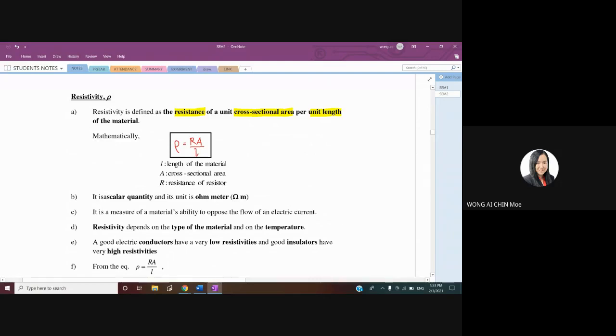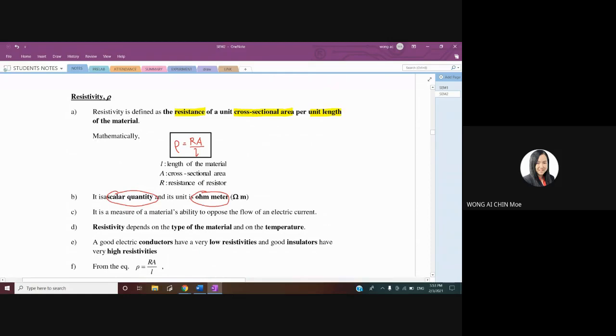This is a scalar quantity, and because it is ohm times area per length, our unit for resistivity is ohm meter.